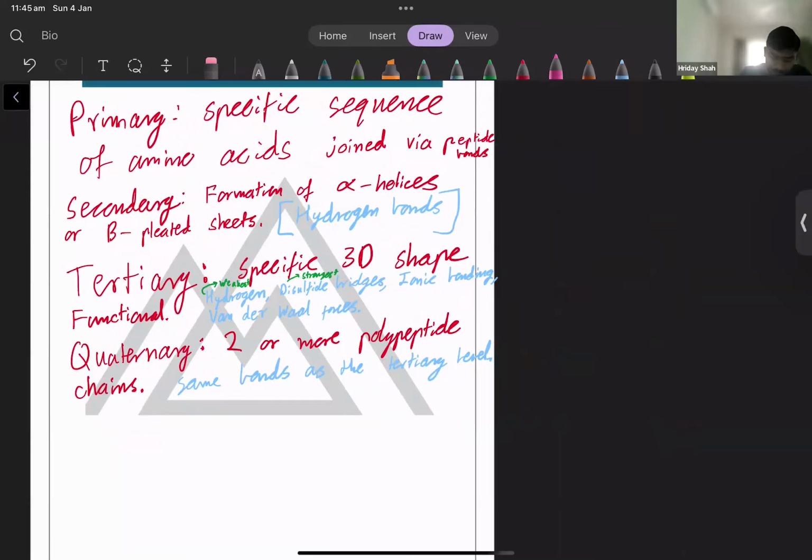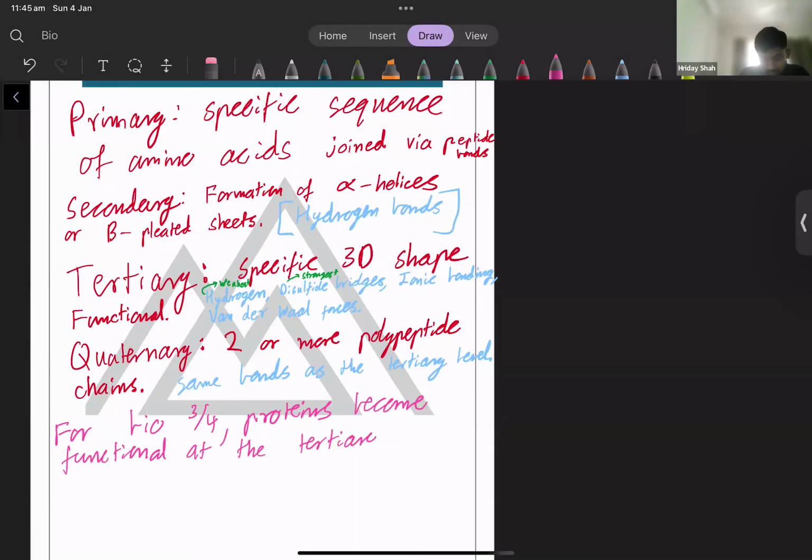Now, for bio 3,4, proteins become functional at the tertiary level. So at the primary and secondary level, they're considered non-functional or immature, right?